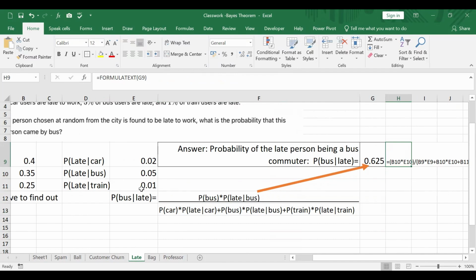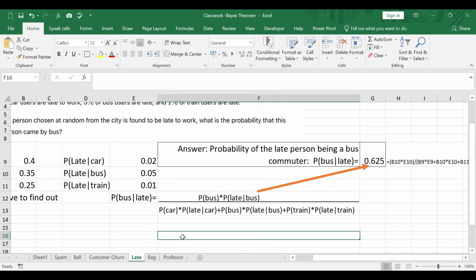B10 into E10. B10 is here, E10 is here, divided by B9 into E9, B10 into E10, B11 into E11. So let us do it in another manner using the sum product also.